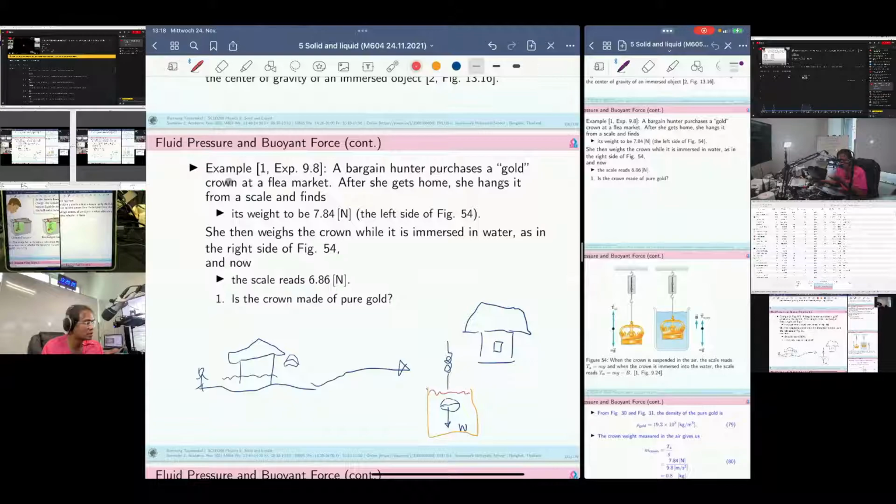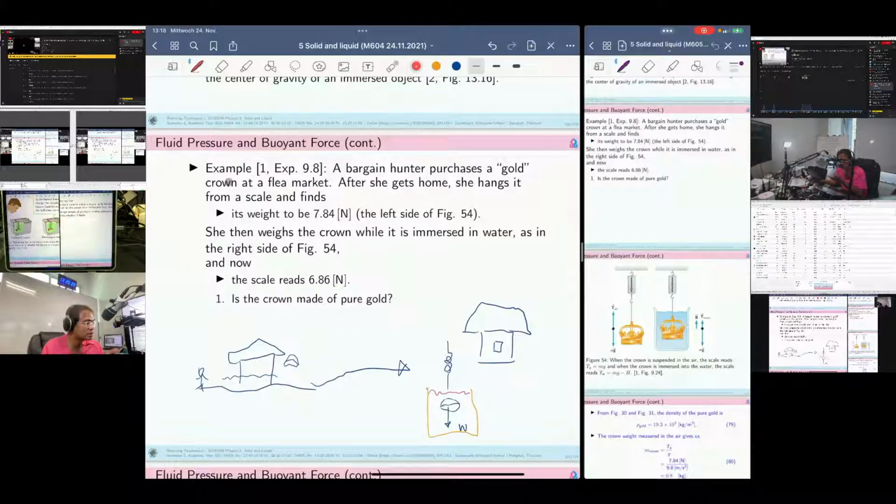Let's say this is T2, the tension of the spring or the string in the second situation. This is the first situation, and here is T1. T1 is 7.84 and T2 is 6.86, right?